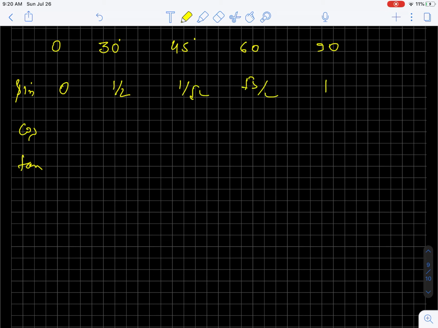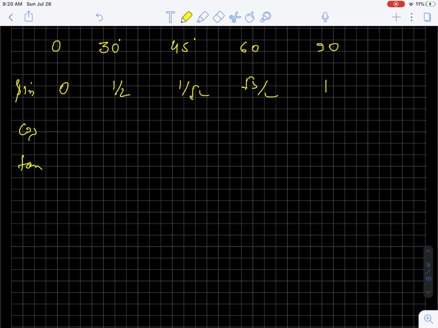Now we can write the table of 0, 30, 45, 60 and 90 degrees, with values of sin, cos, and tan. We have to remember these values, and they are very easy to remember. Sin 0 is 0, sin 30 is 1 by 2, sin 45 is 1 by root 2, sin 60 is root 3 by 2, sin 90 is 1.